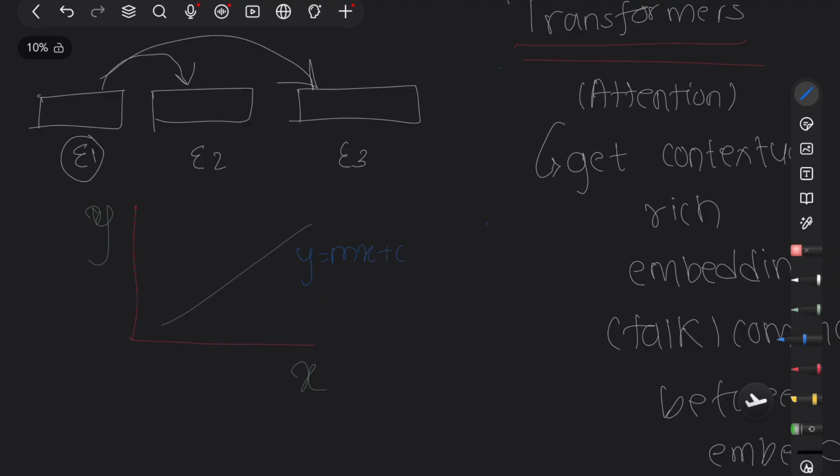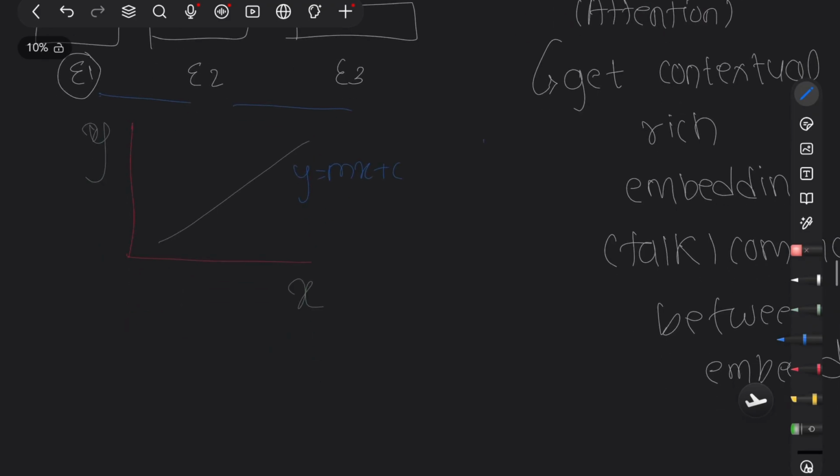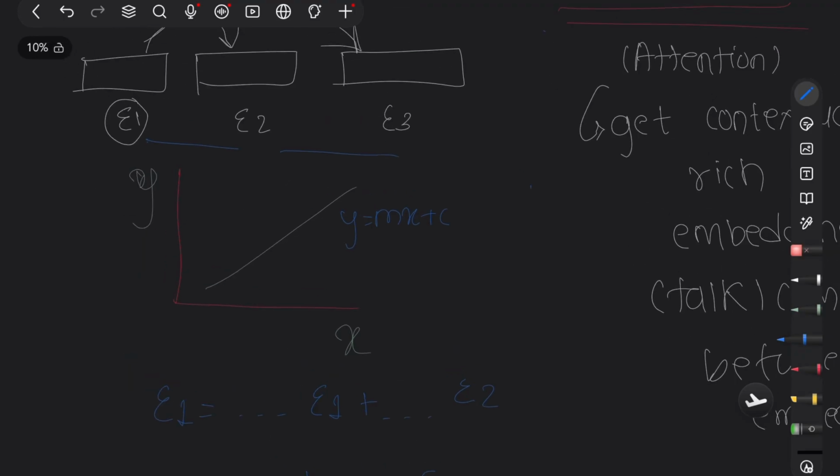So we can use this knowledge, like we know that we need a function or a relation to connect many variables, right? So what if we have something like this for these embeddings as well? Something like this: e1 equals something coefficient e1 plus something coefficient e2 plus something coefficient e3. Would this be a good way to relate these embeddings?